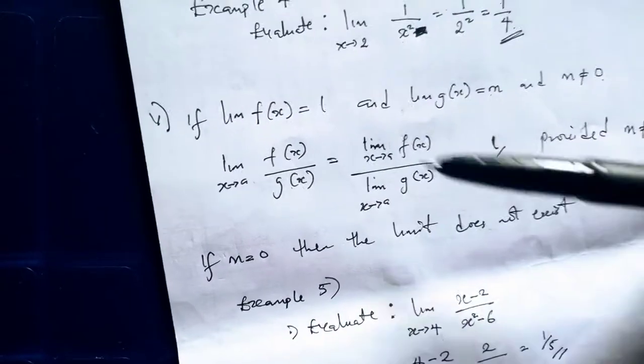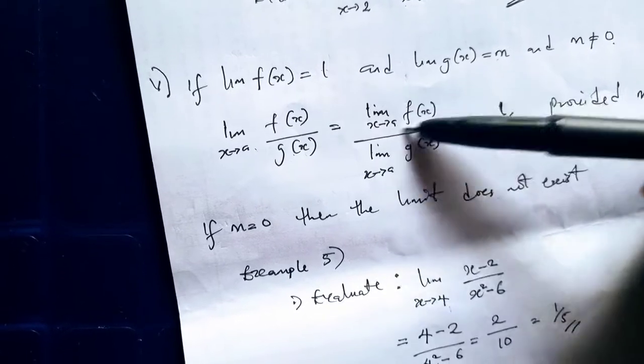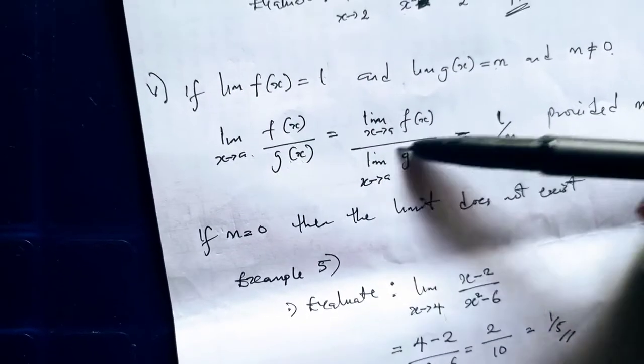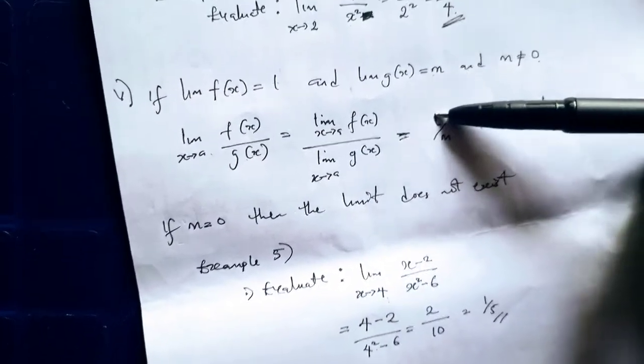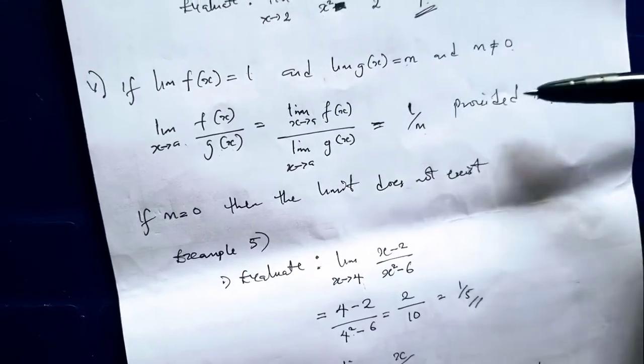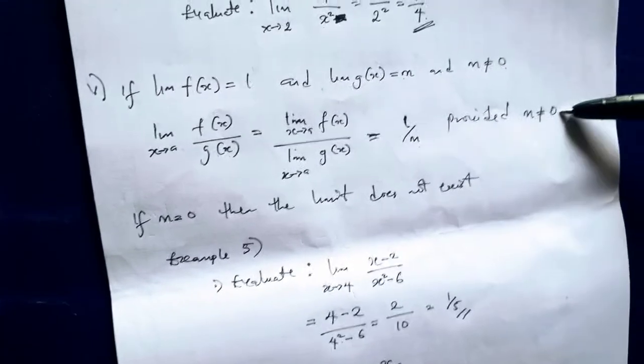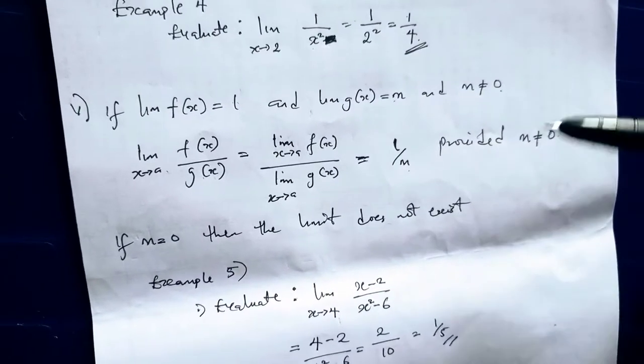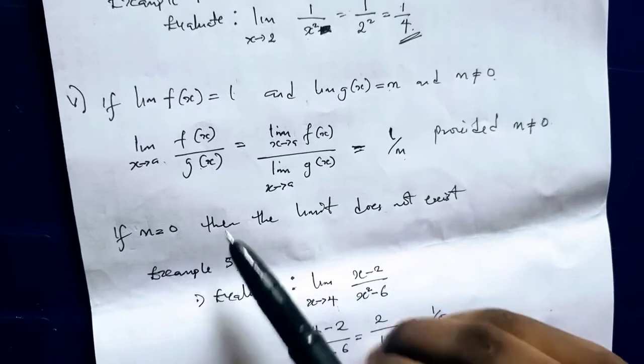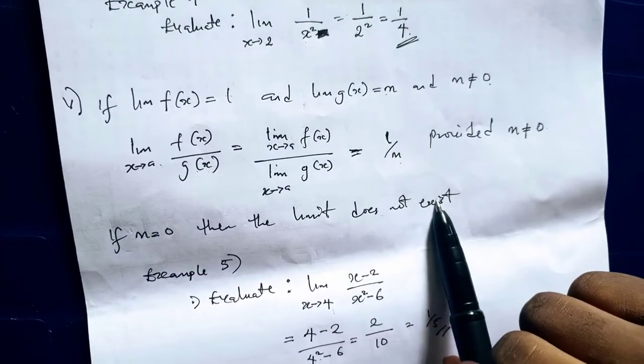It is the same thing as taking the limit of the first function and dividing it by the limit of the second function, and our answer comes out as L over m, provided that m, which is the divisor here, is not 0. But what if m is 0? We say that the limit does not exist.